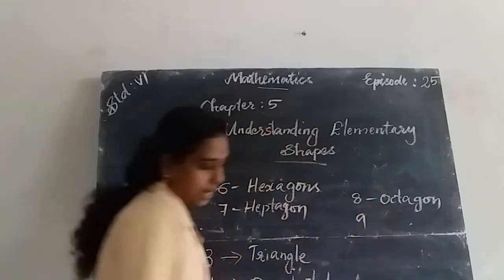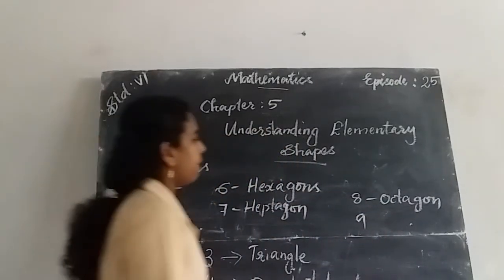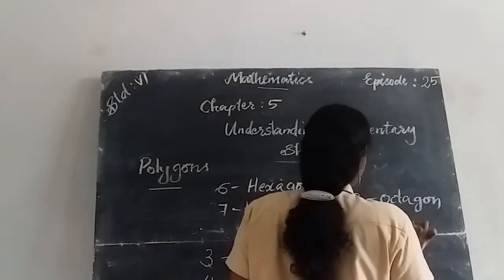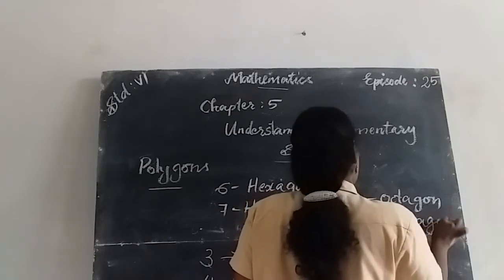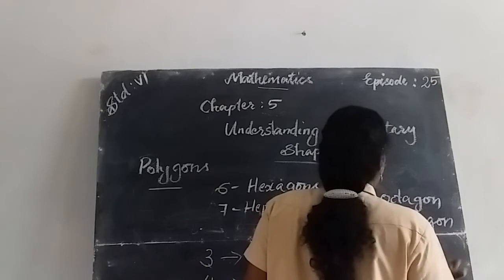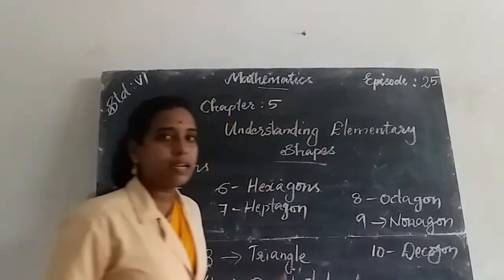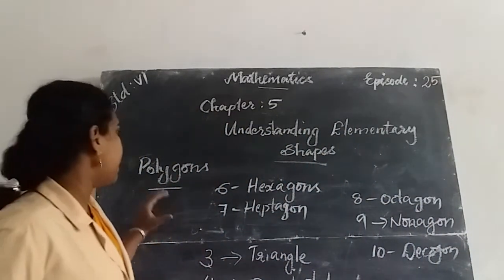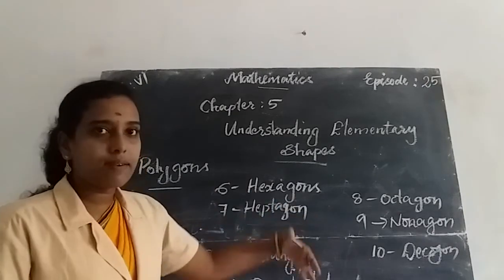The polygons with nine sides are called nonagons, and the polygons with 10 sides are called decagons. That we will discuss in our next classes.